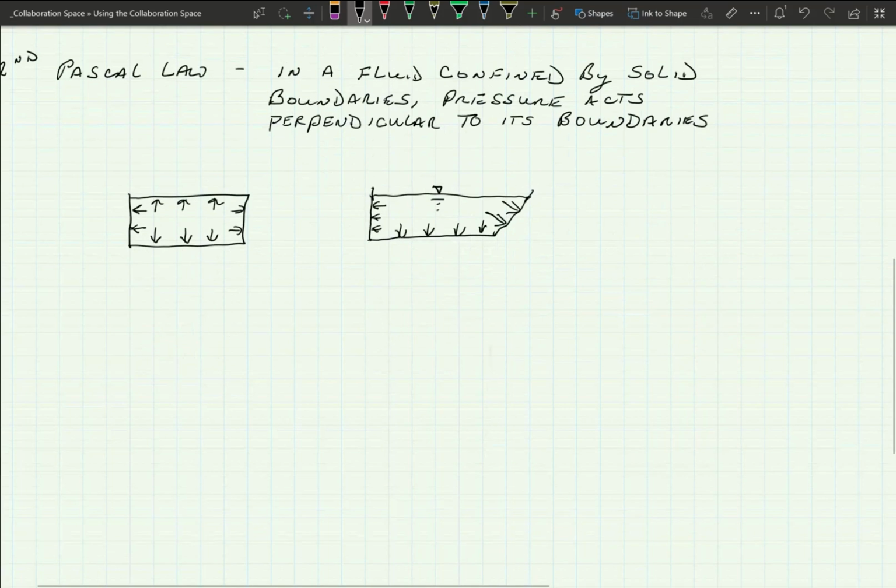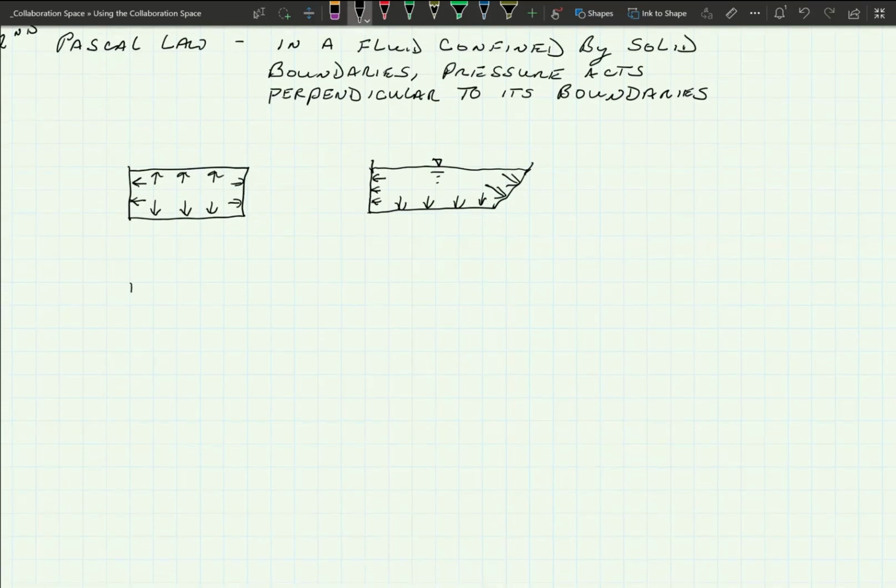All right. Now, what happens if the shape changes? Because, you know, we're humans. We like to make weird things. So this side all stays the same.